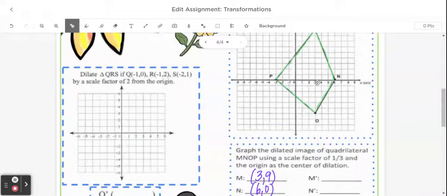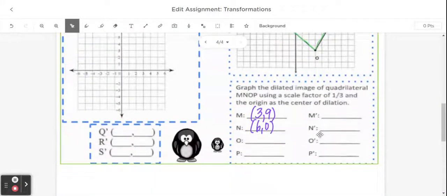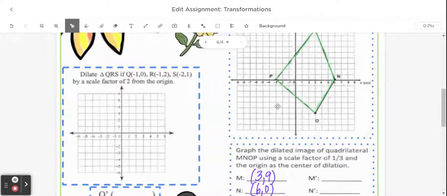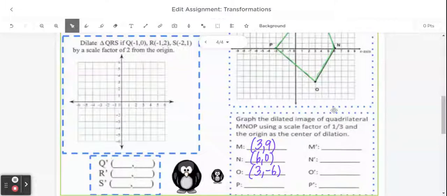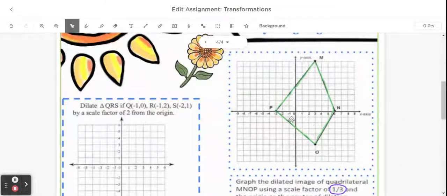O is at 3, -6. And P is at -3, 0. So in this dilation, every vertex, every point, is going to be 1/3 of the size, so the shape is going to get a third smaller, basically.